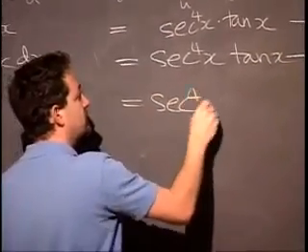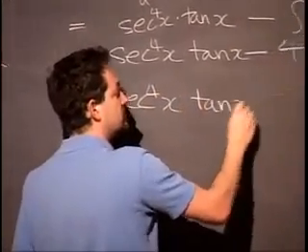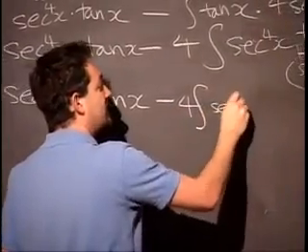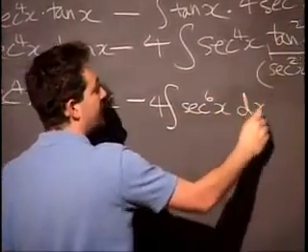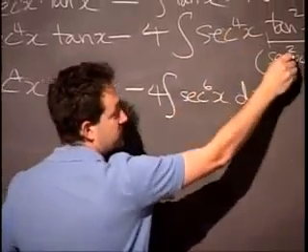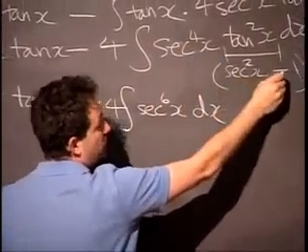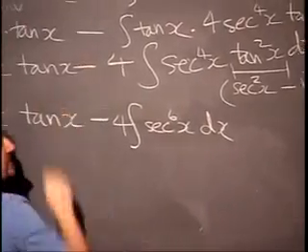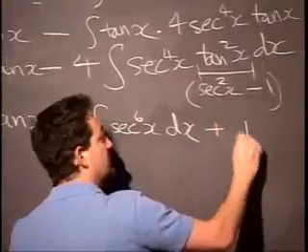So let's do it. We get secant to the 4th x tan x minus 4 secant to the 6th x. That's from the 4 and the 2. And then the minus 1 will just give us a secant to the 4th. And because of the minus out the front, we'll have a plus.